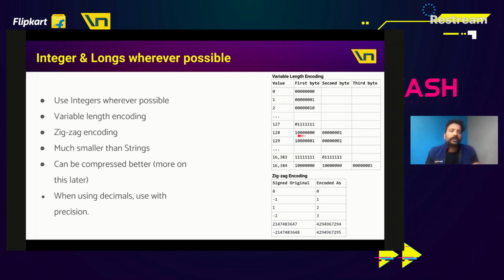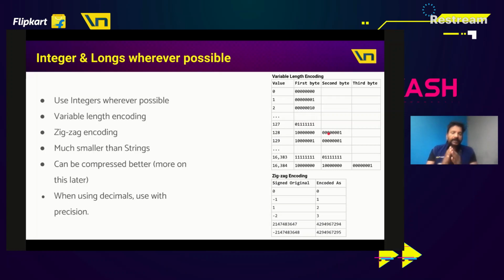Because we flipped it, the first bit of the first byte becomes 1, which gives the system a cue that it needs to read one more byte. And the next byte has a leading 0, which means it doesn't need to read any more bytes. So to store the number 128, we need 2 bytes, which is the most optimal way in which we can store 128.